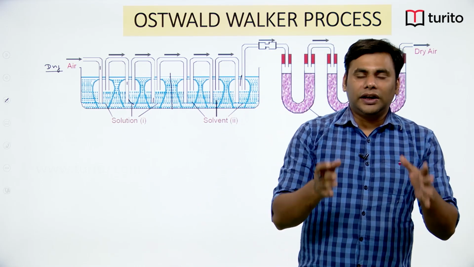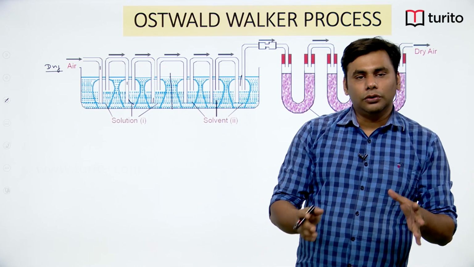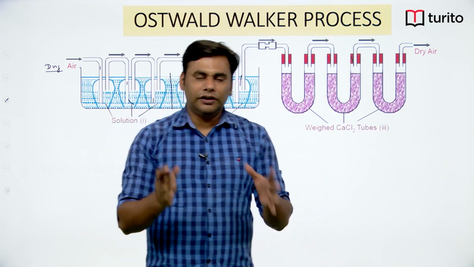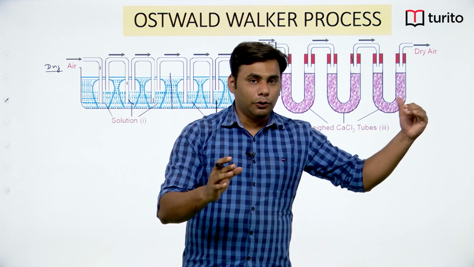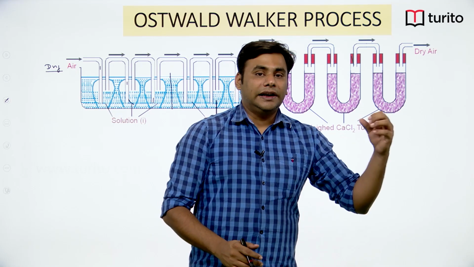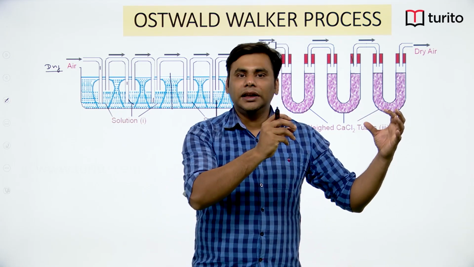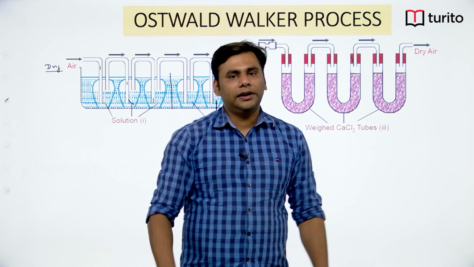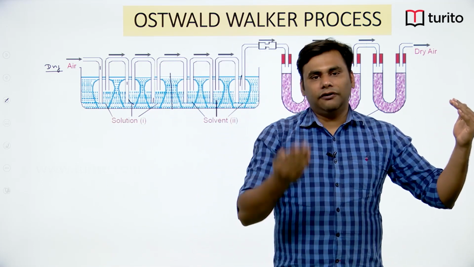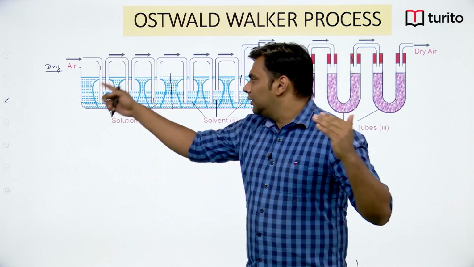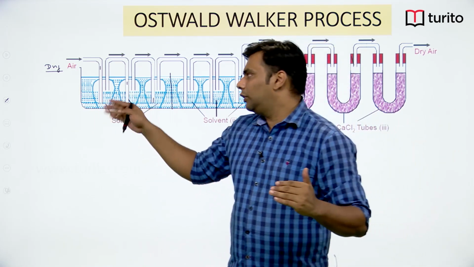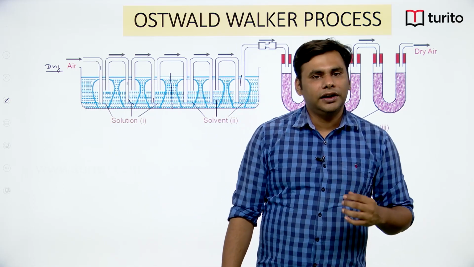So when you take a solution, we know that there is some vapor pressure. If you pass dry air over the solution, what would happen? The dry air would pick up the vapor that is formed in the container, because water would be present as vapor over the solution.